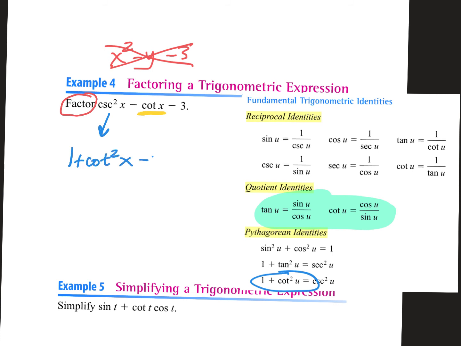Then I still have minus cotangent x minus 3. Think algebraically. Do you see anything that you can combine? 1 and negative 3. Yeah, 1 and negative 3. So this is the same as cotangent squared of x minus cotangent x minus 2. Do you have a quadratic? Yes or no? That you can factor?